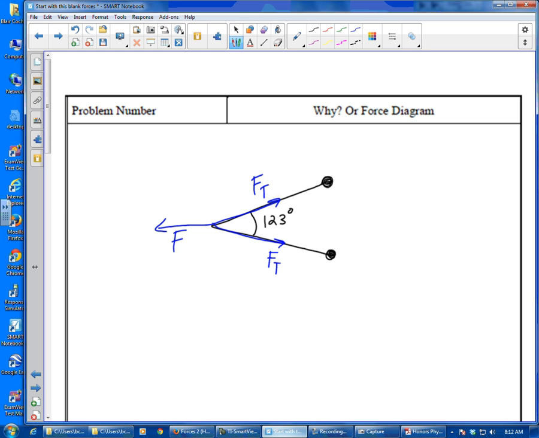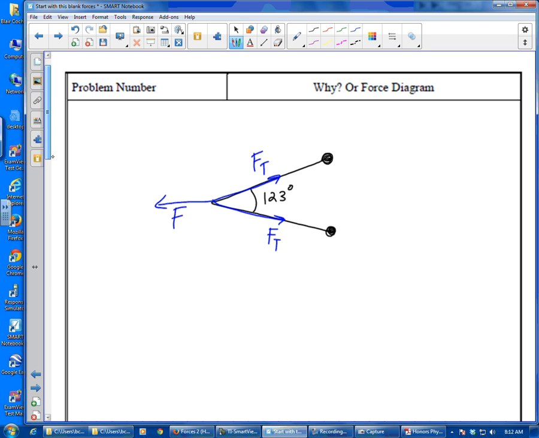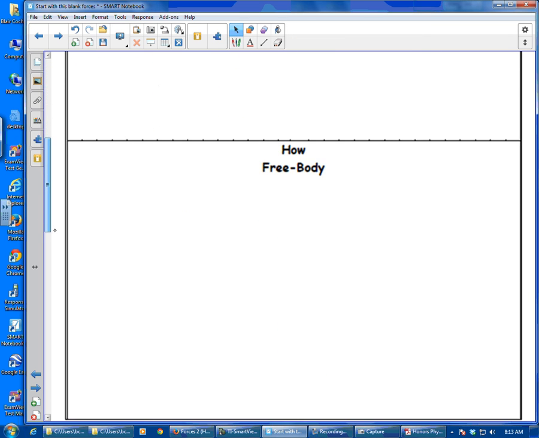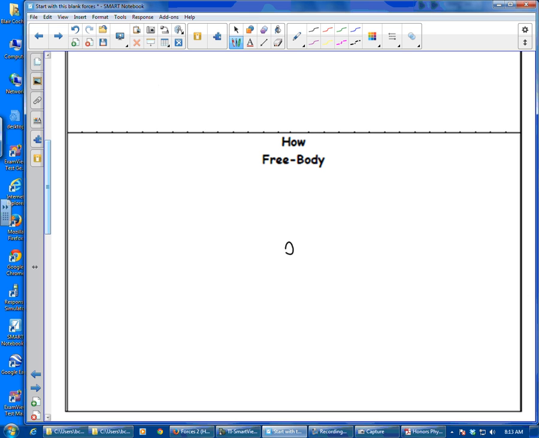So, taking this down to my free body now, start with my dot. I'm going to have F, I'm going to have F sub t, F sub t, and the angle between them is 123 degrees.